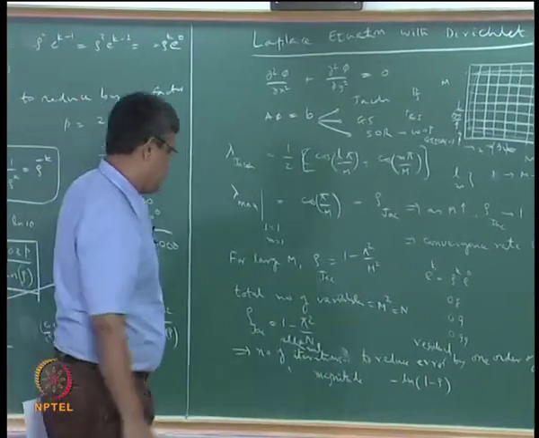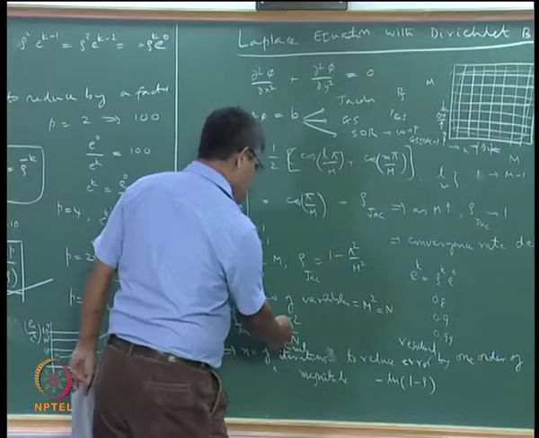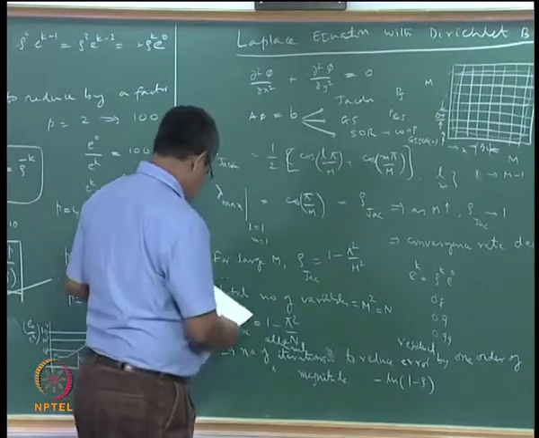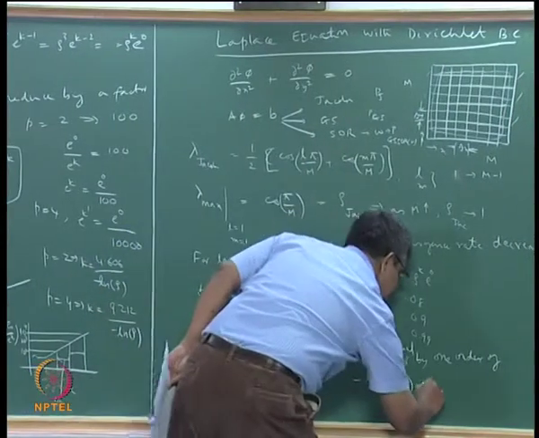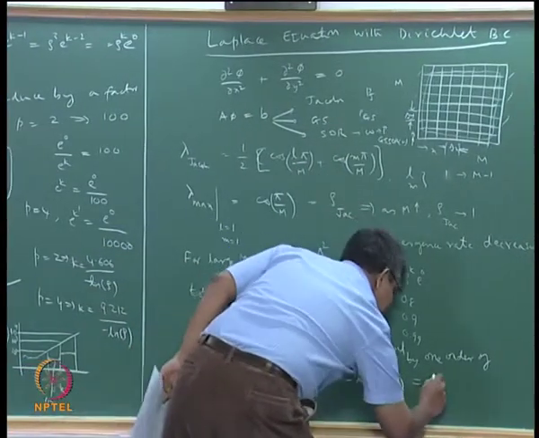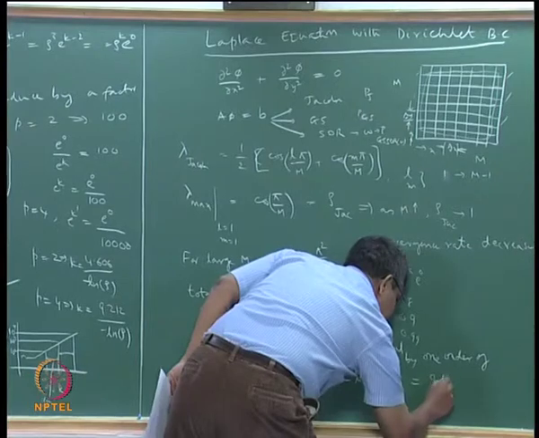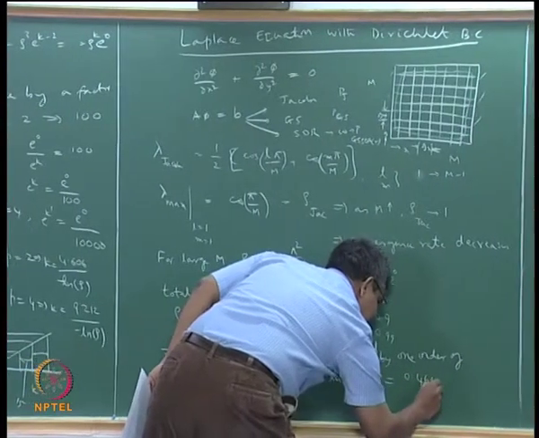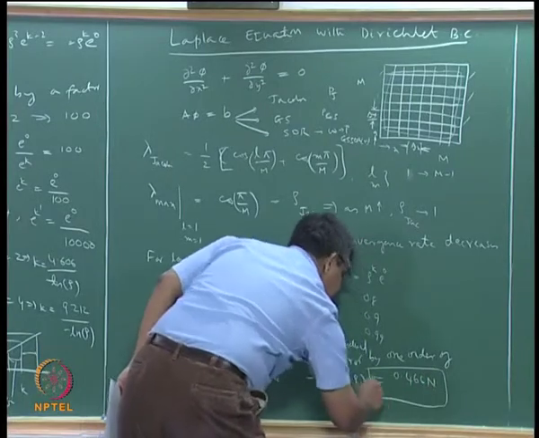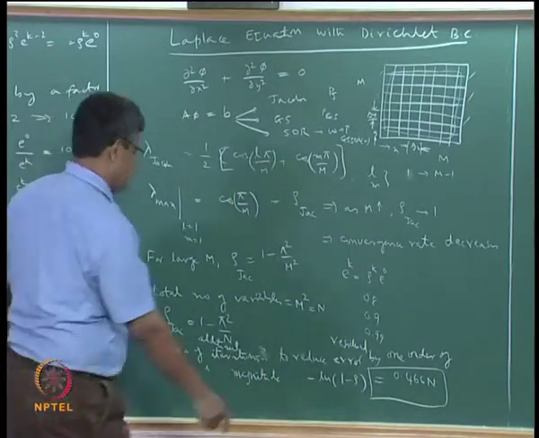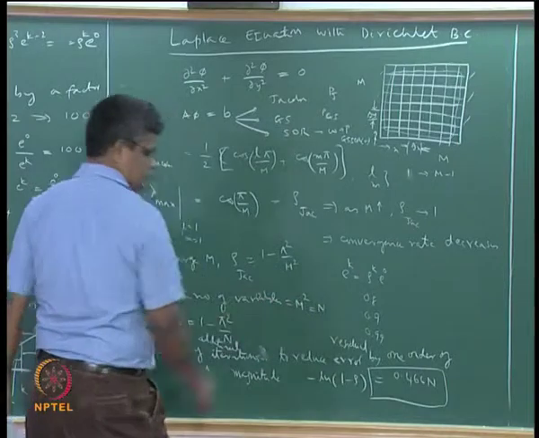Okay, and because our rho is given by this, then for the case of the Jacobi method it is given as 0.466 n, where n is equal to m square.